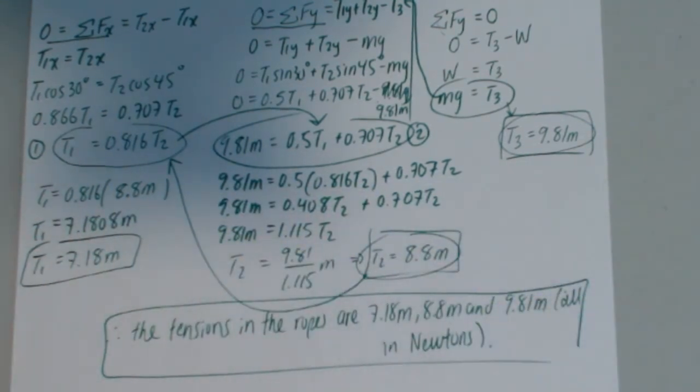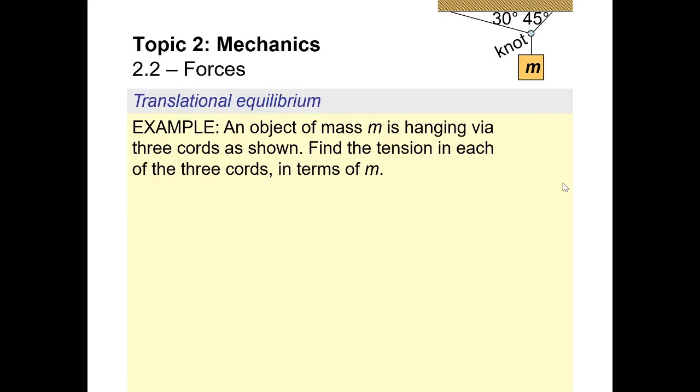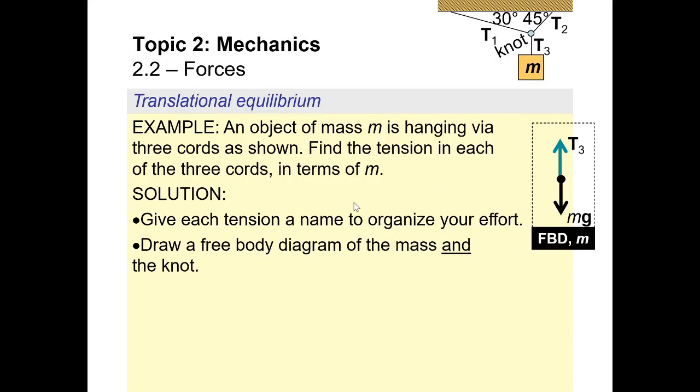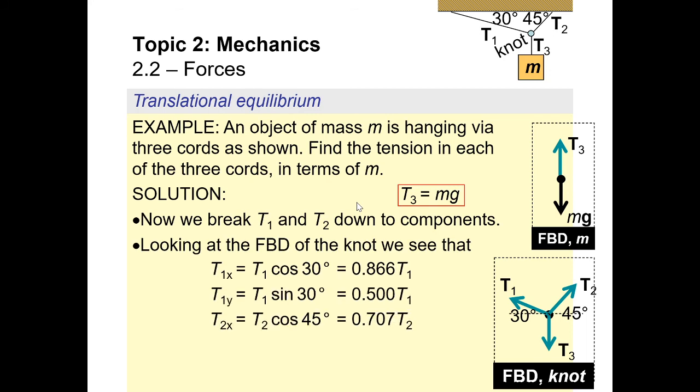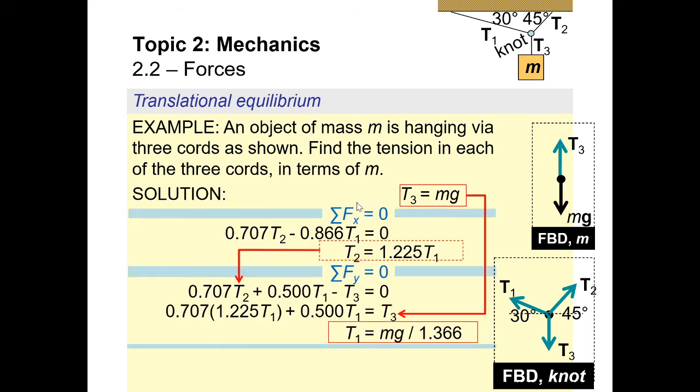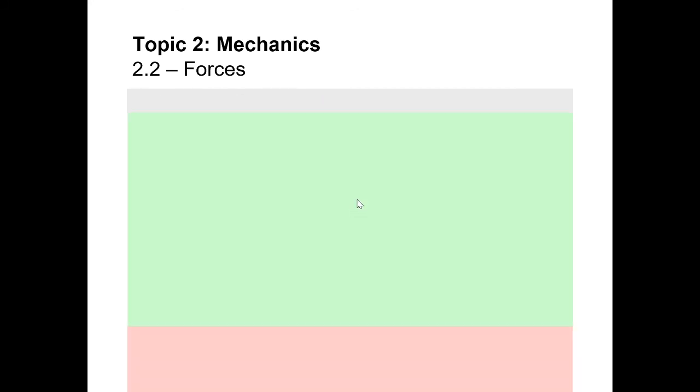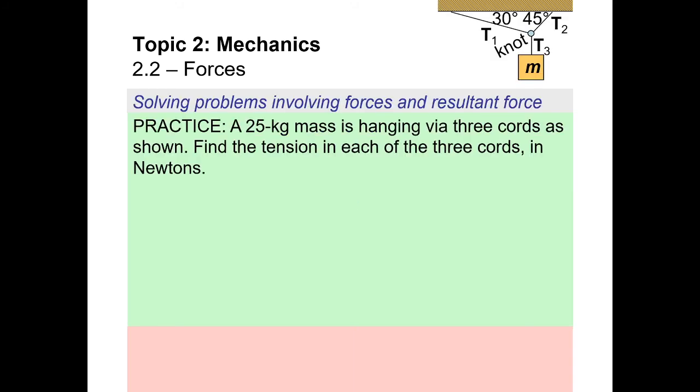So there's that problem solved. Let's go back to the slides. Everything that we just did is on the slides. Here we have the same problem, except this time we're given the mass of the object.